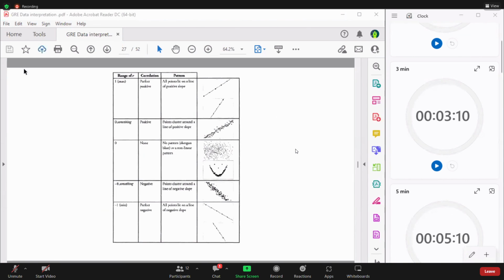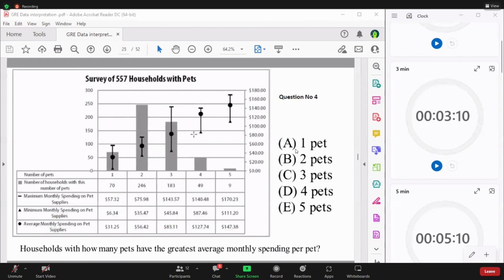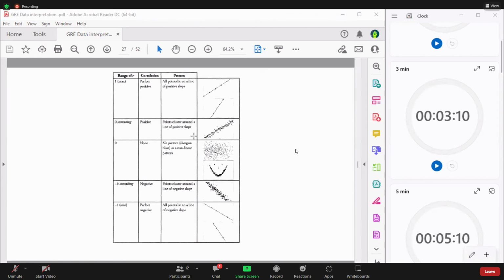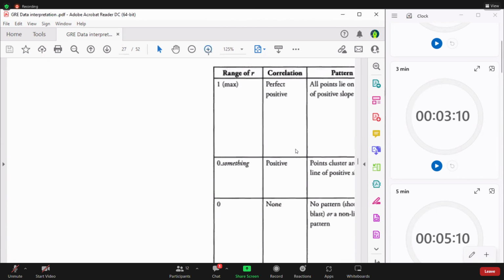Then we have scatter plot. Now scatter plot is something which is important.